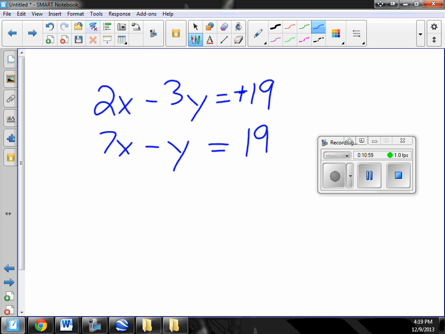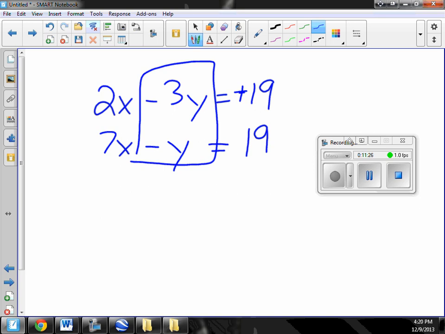Okay, so my x's aren't going to cancel very easily. I want to cancel my y's. I have a negative 3 on top and a negative 1 on bottom. So I need the bottom to be positive 3. If I want to cancel this y column, they have to be the same number with opposite signs. So I need to triple the bottom, but I also need to make it negative.